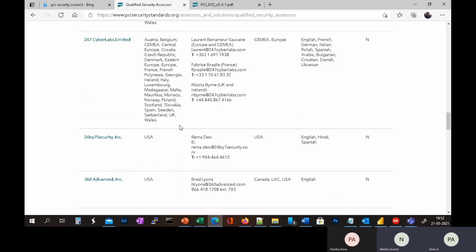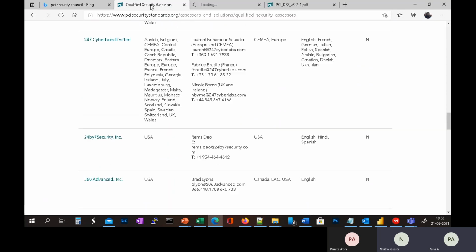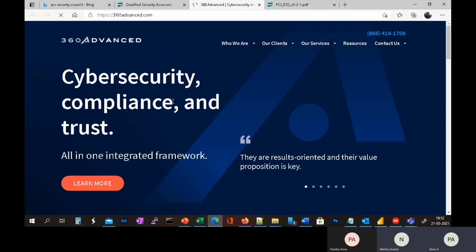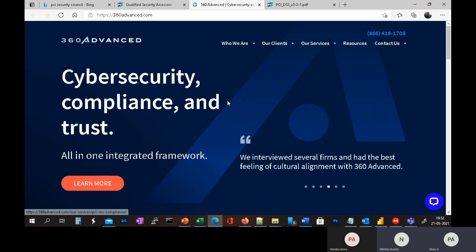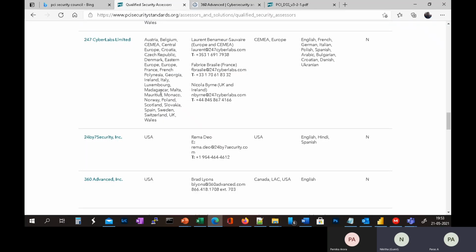So for example, if I look at this company, they will have QSA services or PCI compliance services listed, which should be kept only if we are QSA certified. That is where you are authorized to do an audit. For example, Proton Technosoft is not an authorized QSA.